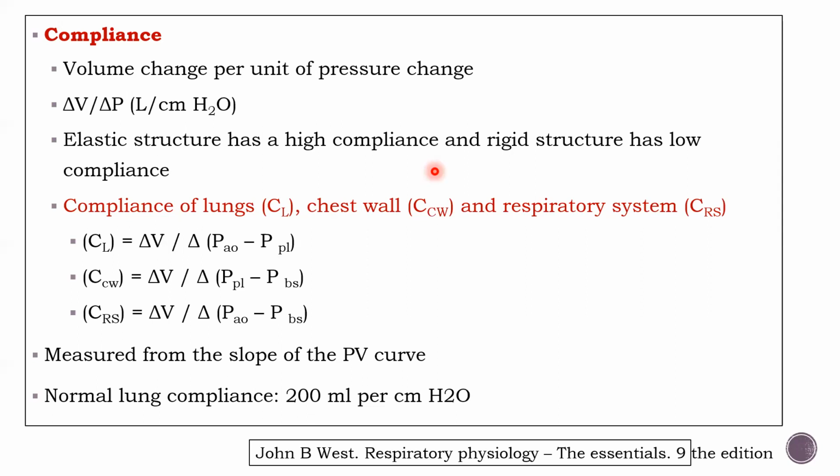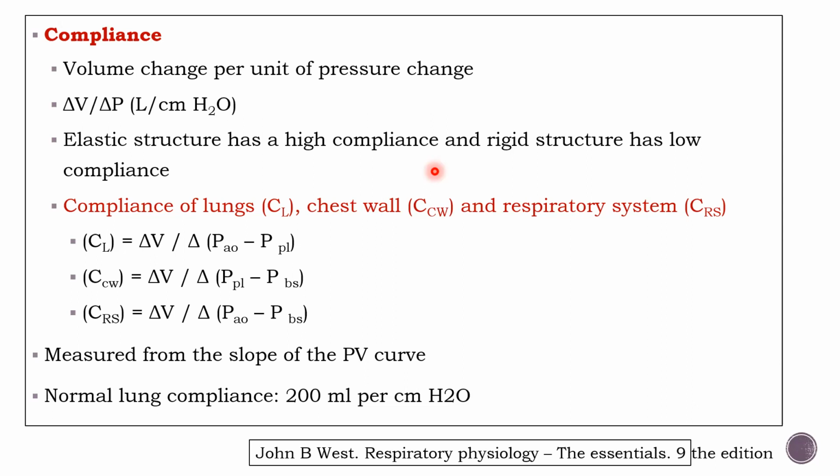Suppose you want a tidal volume of 100 ml. If the lung compliance is high, with a pressure of only 10 inspiratory you are able to generate that tidal volume of 100. So for a change of pressure from 0 to 10, you are giving a tidal volume of 100.